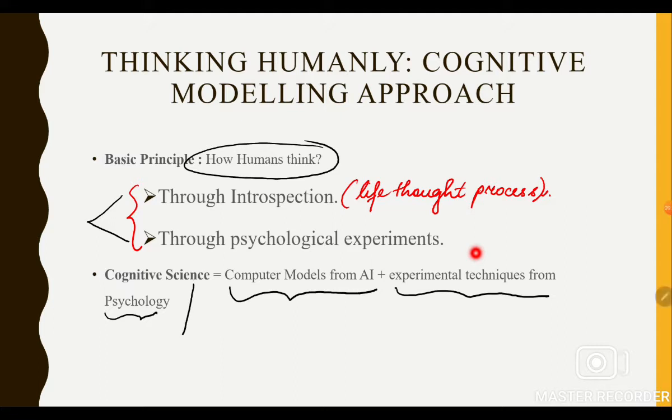It describes how humans think, right? This is a very interesting concept, and we should always be alert while doing AI, because we need to be sure whether we can incorporate our own thought process into that machine, with the help of various established models and experimental techniques.